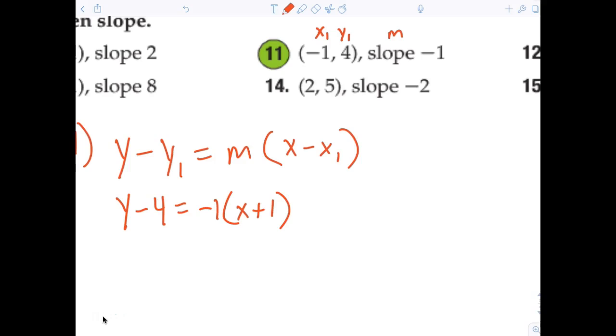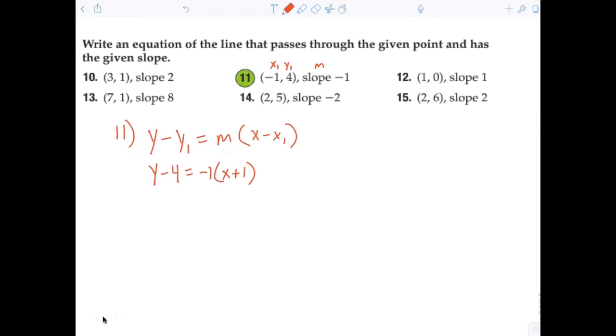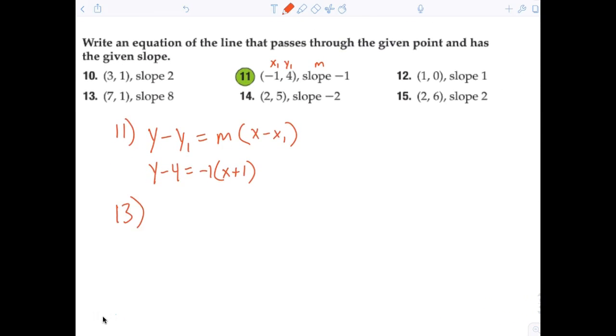Yes, you're up. Number 13. Take a look at 13 now. 13, Kate. Tell me the equation. Beautiful. Now tell me what the answer is. I'm doing 13, so we're right here, right?